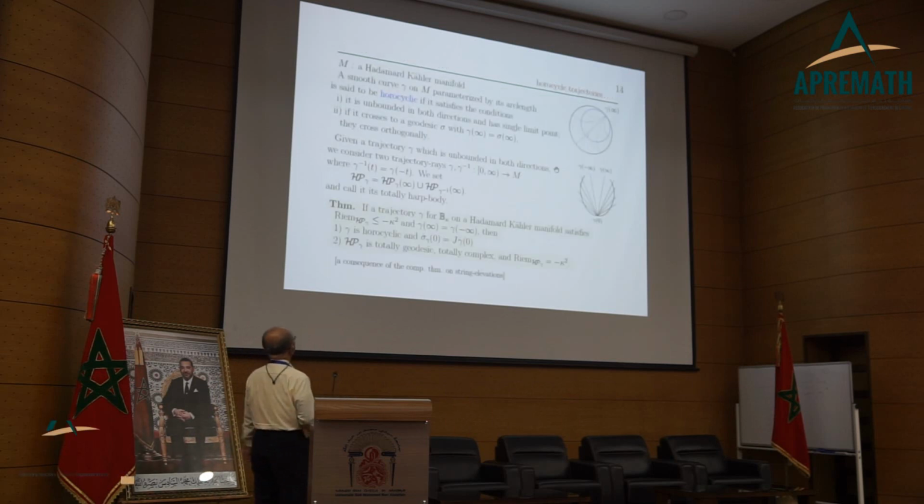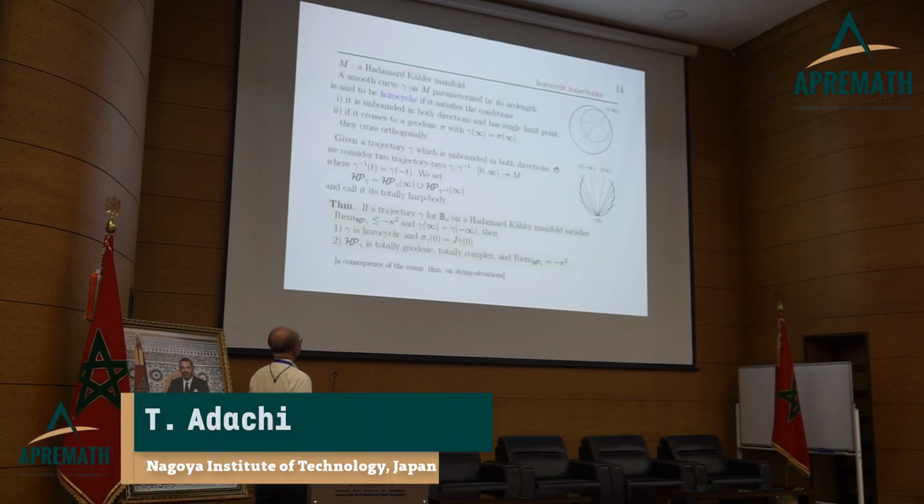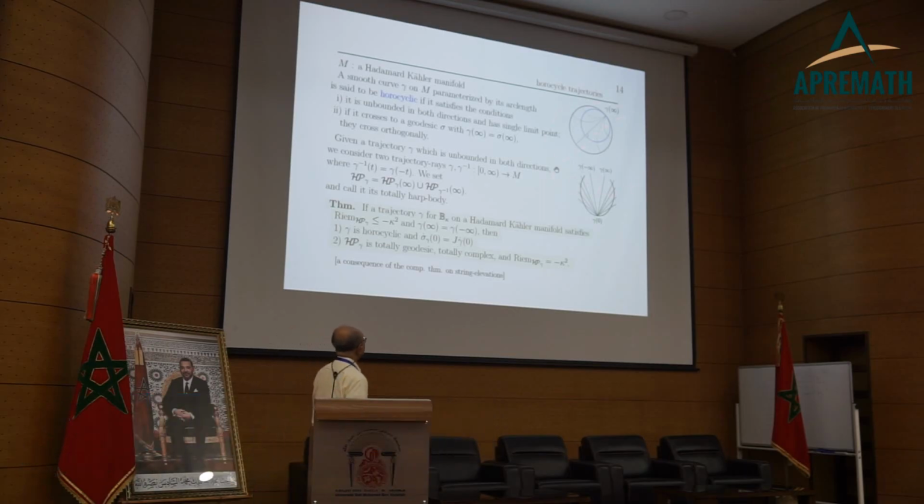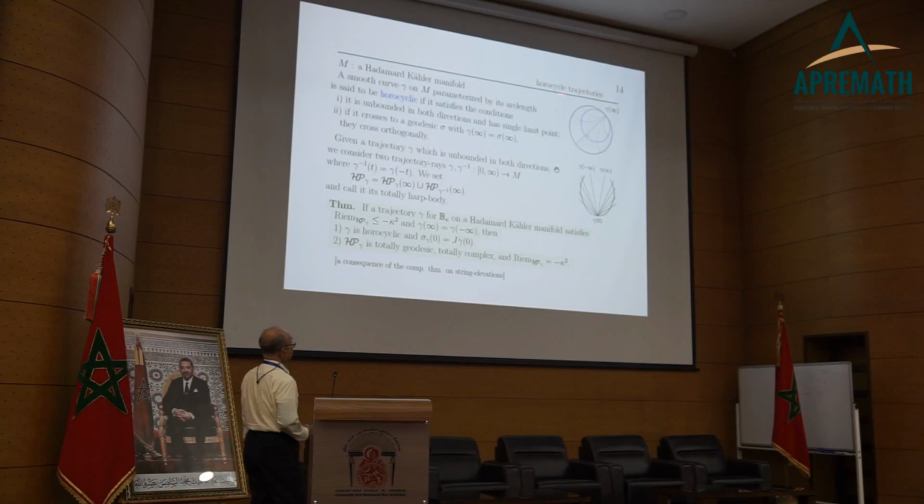So now we give the horocycle case. On a Hadamard manifold, a smooth curve parameterized by its arc length is said to be horocyclic if it satisfies the following two conditions. It is bounded in both directions, this blue line.